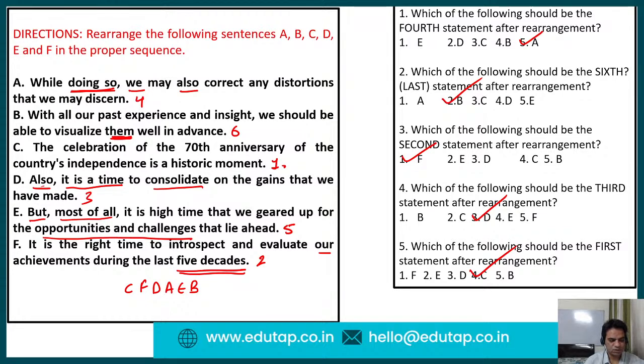See guys, I told you, without actually understanding what he's trying to convey and only just looking at the sentences, without realizing what he's conveying, it will be impossible for you to solve the rearrangement. Got it, guys? So to solve rearrangement, you have to be patient first. You have to be damn sure, and don't rush into it.